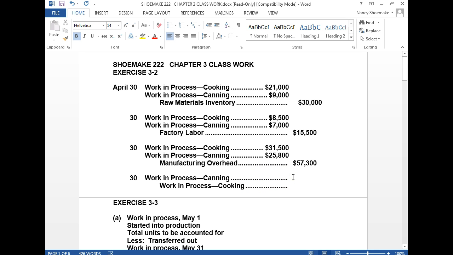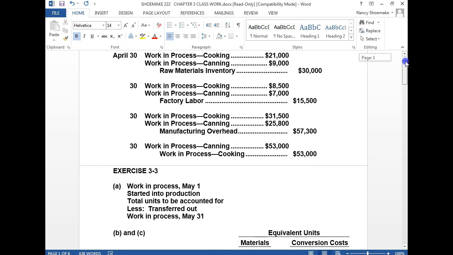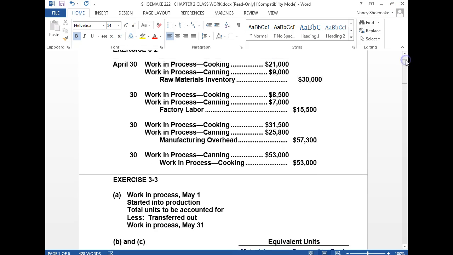And then cost transferred in from cooking to canning. What does it say? 53. Got taken out of cooking, got put into canning. Spaghetti sauce. So basically this is helping you see the process of it flowing from one to another.